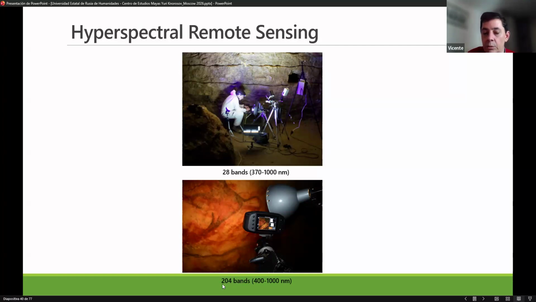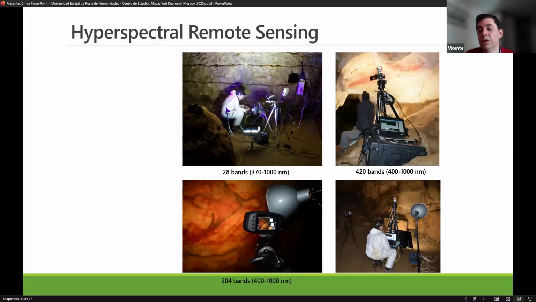You can have up to 204 bands between 400 and 1000 nanometers. Okay, this is a compact camera, and this is the industrial version. It's more accurate, it's better, but it's heavier and bigger. But always working in the visible spectra, okay, not only visible, but visible and near infrared and the threshold of the ultraviolet.